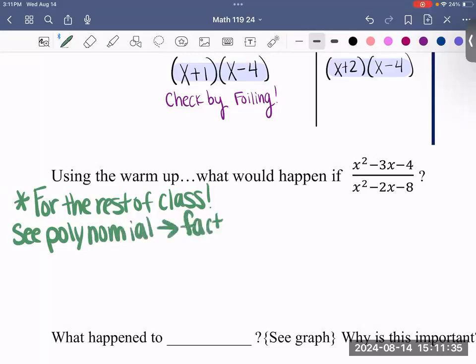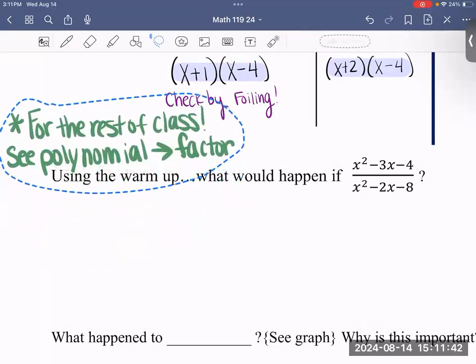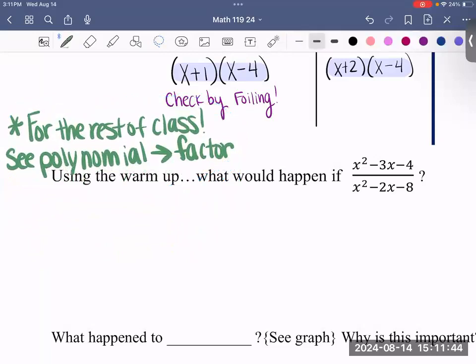If you are not factoring in this class, there is something majorly wrong. If you are not factoring in 119 or in your pre-calc classes, there is something wrong. We need to be factoring just about at every single term.